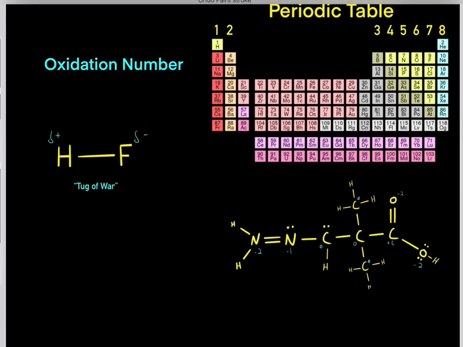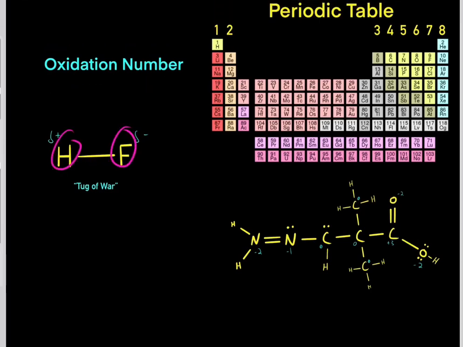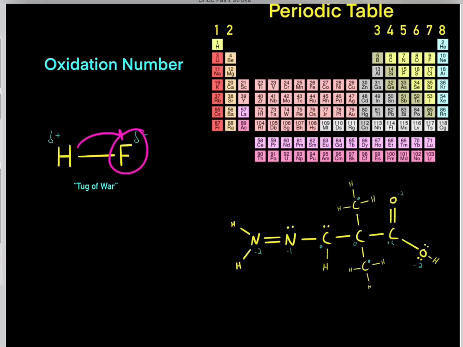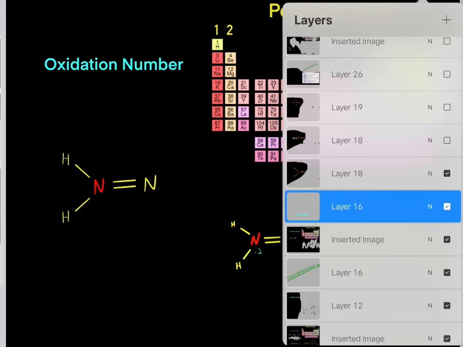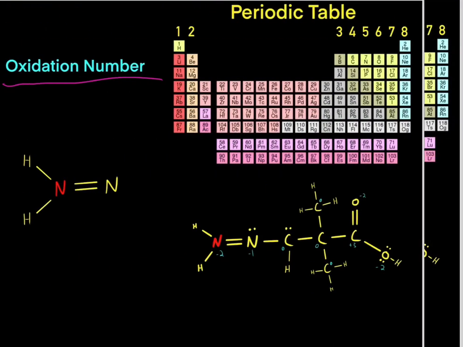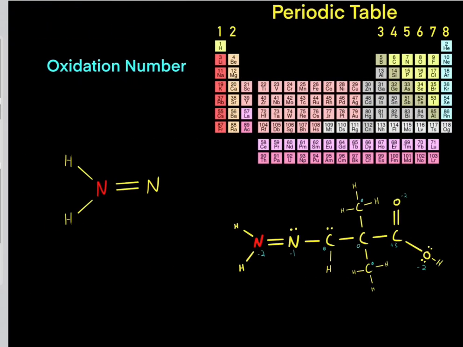So the key concept with oxidation numbers is to realize that whenever there's a bond between two atoms, they're fighting for the electrons, and the atom that's more electronegative will steal and will win and will pull those negatively charged electrons towards it. So the oxidation number essentially tells us how many tug-of-war battles that particular atom has won.